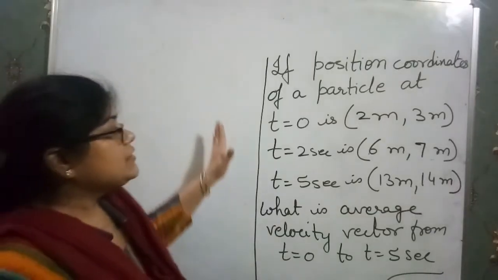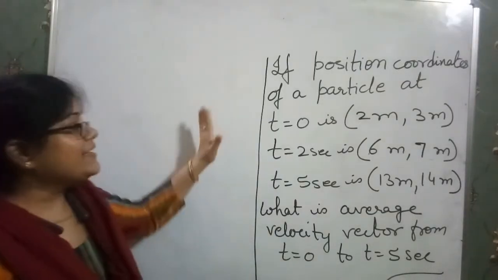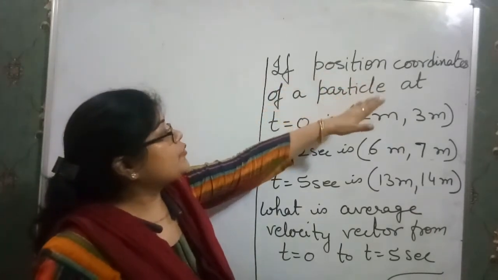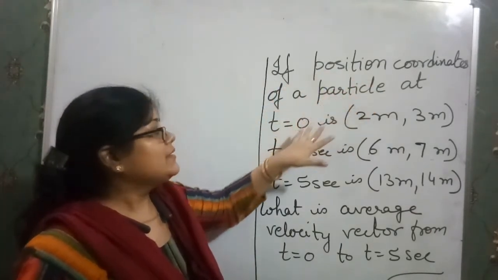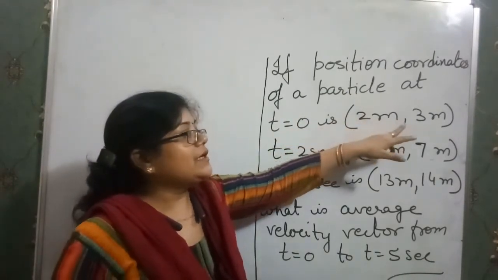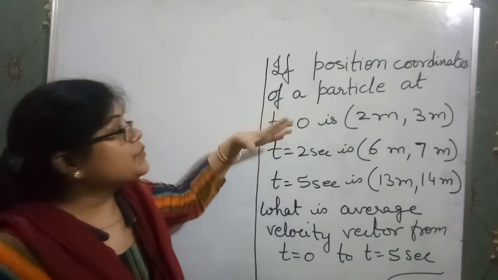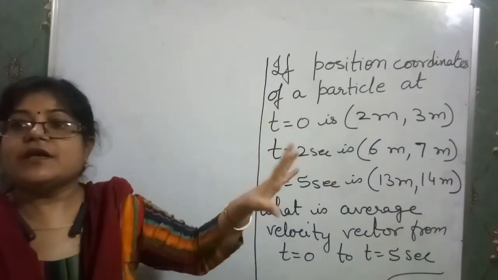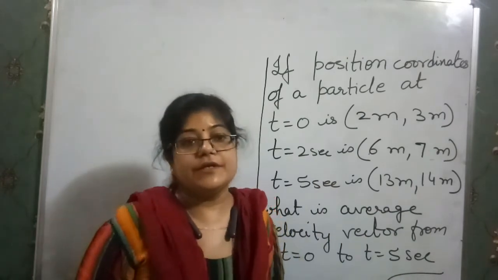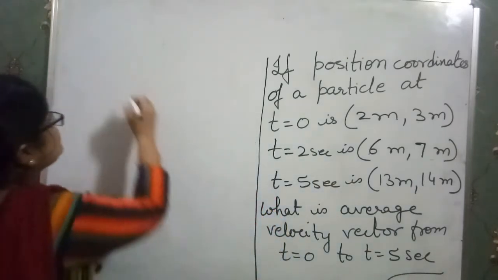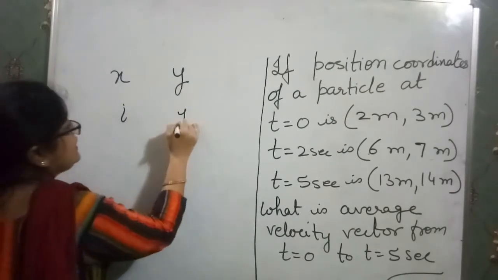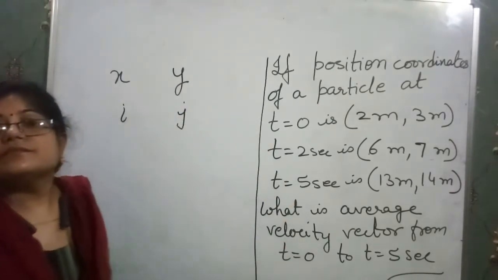Now we have a question of this type, that is the next concept. Here it is given, if the position coordinates of a particle at time t equal to 0 are 2 meter and 3 meter. That means the position of a particle is given in the form of x coordinate and y coordinate. And we know x and y coordinates are represented by i and j.